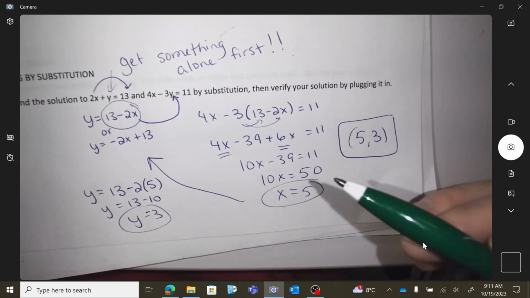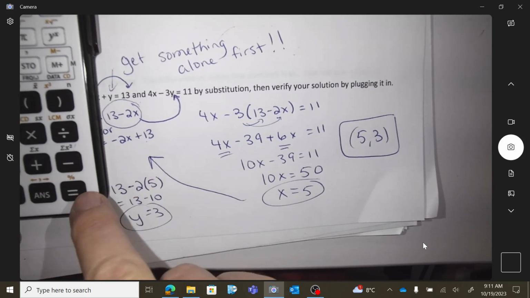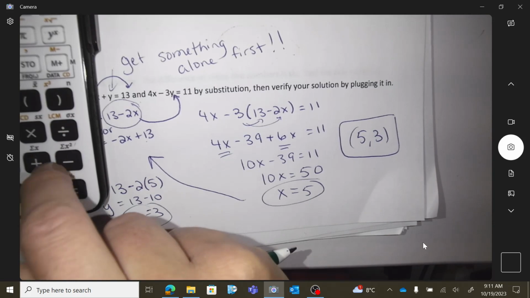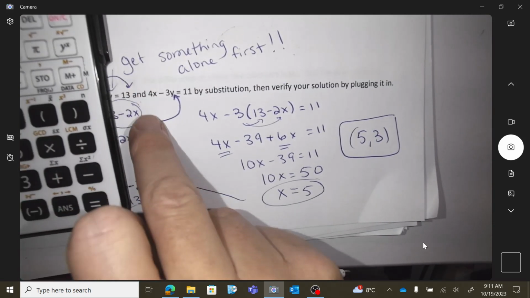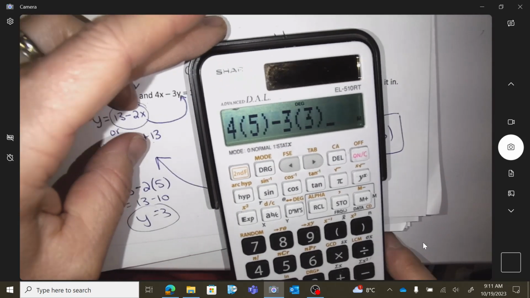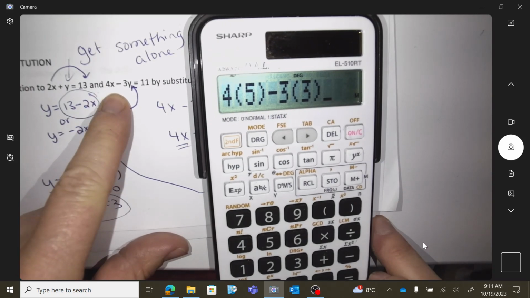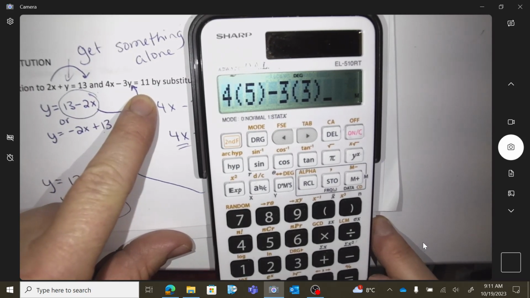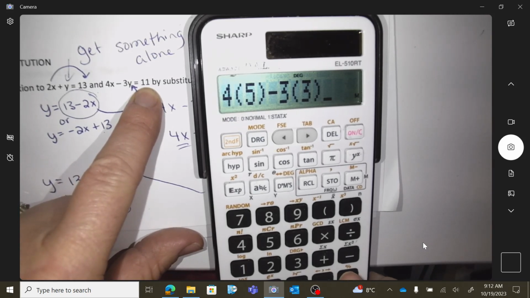Okay, I'm just going to check my answer on one of them. You have to check on both. Okay, so here's me checking my answer to this equation that says 4x minus 3y. So I typed that in. And when I click enter, it should give me 11.